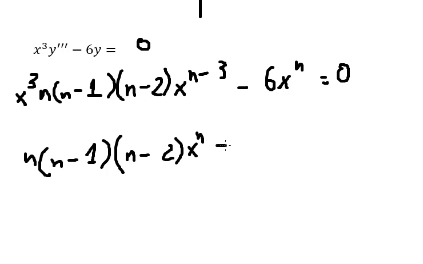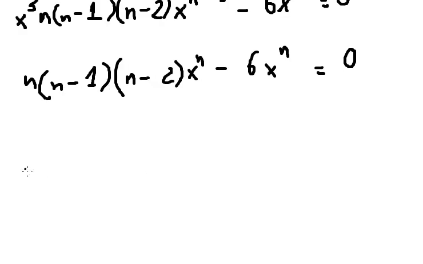And we have negative 6s to the power of n equals 0. And now we have s to the power of n, we can do factorization. And now we have like this.